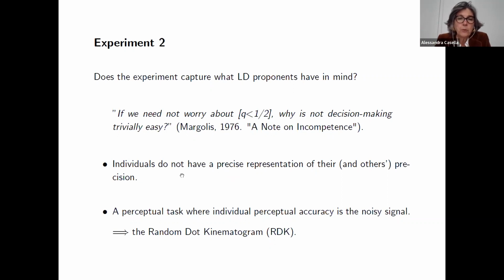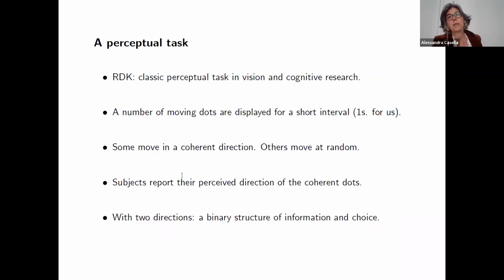So what we're trying to do is have a perceptual task where the individual perceptual accuracy is the noisy signal. And we are building this on the random dot kinematogram, the RDK, which is a completely classic test in perceptual research and cognitive research. A number of moving dots are displayed for a short interval, 1 second for us.